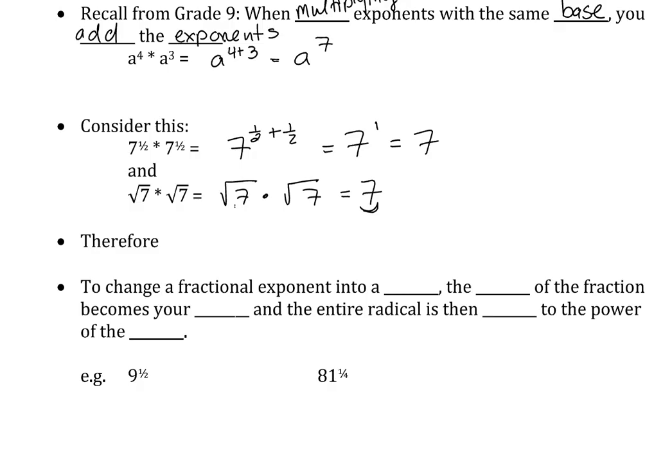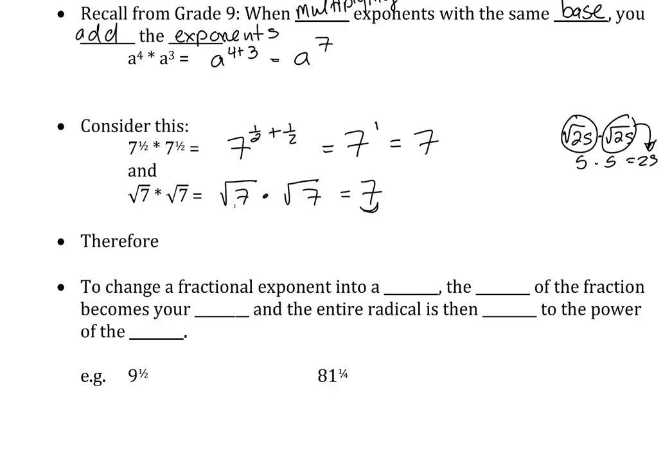Just a side note, if I were to say the square root of 25 times the square root of 25, the square root of 25 is 5, times the square root of 25, which is 5. 5 times 5 is 25.